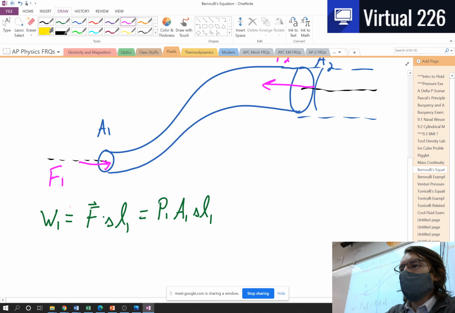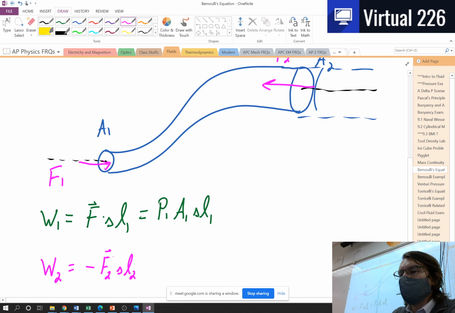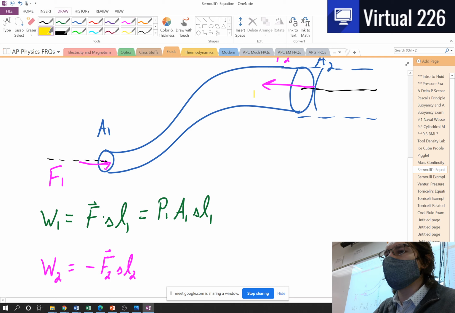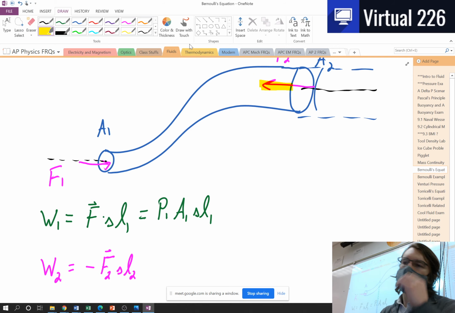On the flip side of things, up here with the force pushing backwards, we can call that W2, and this is going to be negative F2 delta L2. And the reason why this is negative is, we're just pushing back the opposite way.